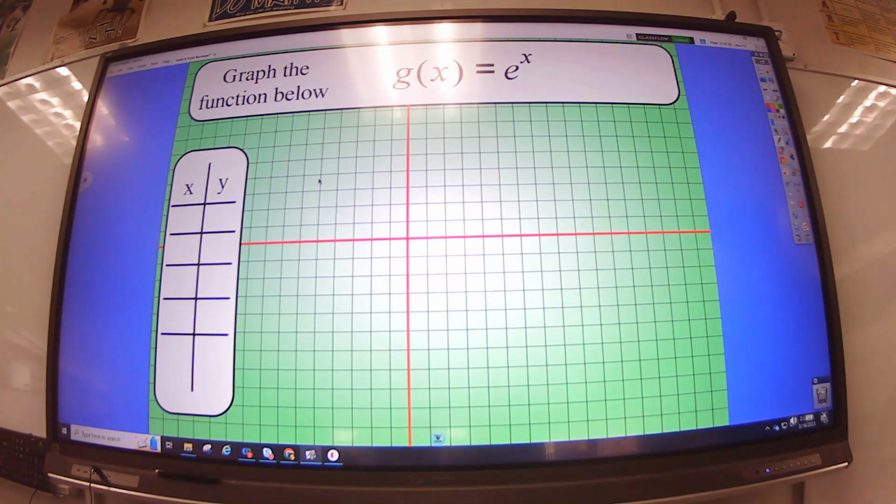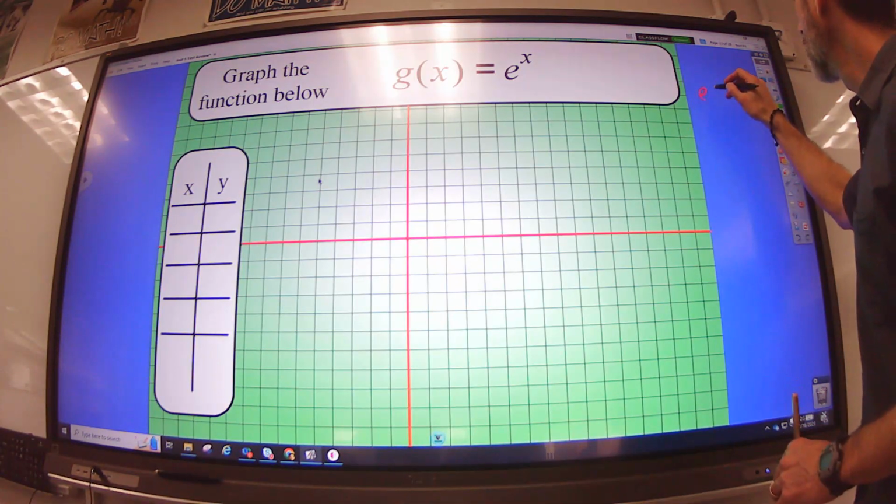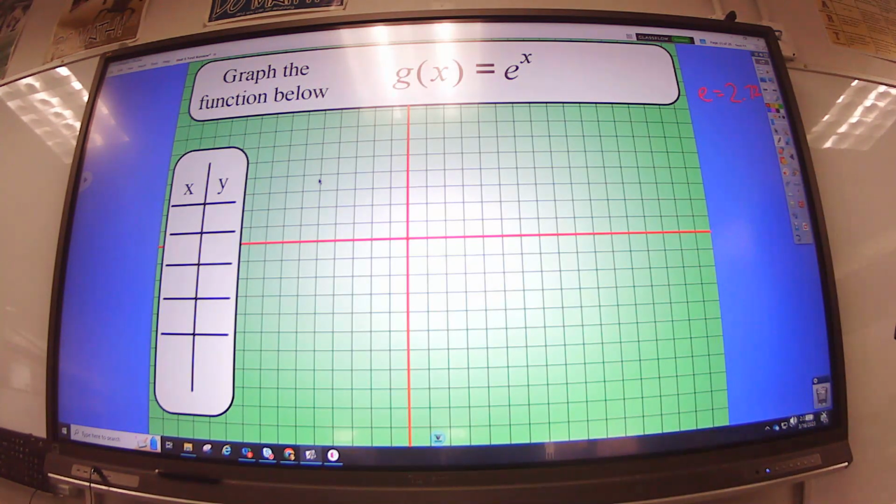So if we're going to graph this, let's plug in 5 x's. Negative 2, negative 1, 0, 1, and 2. Because we need some sort of x.